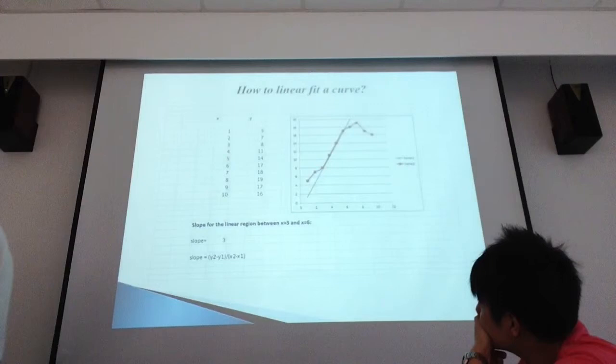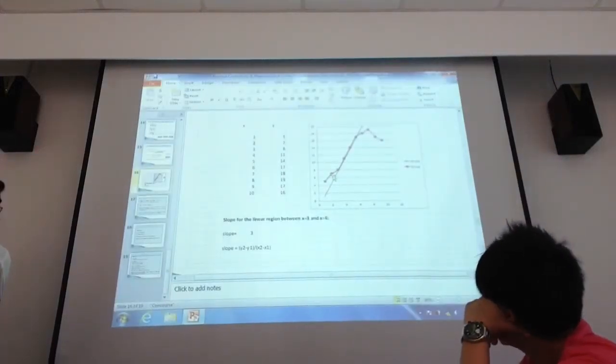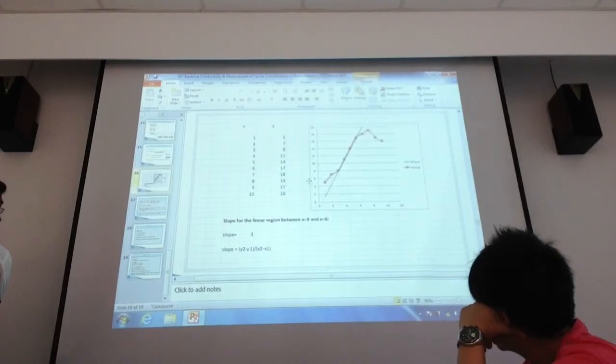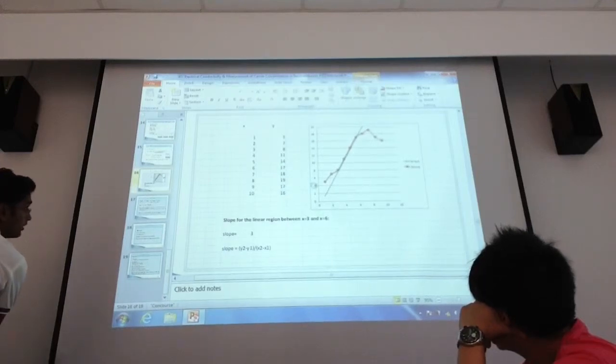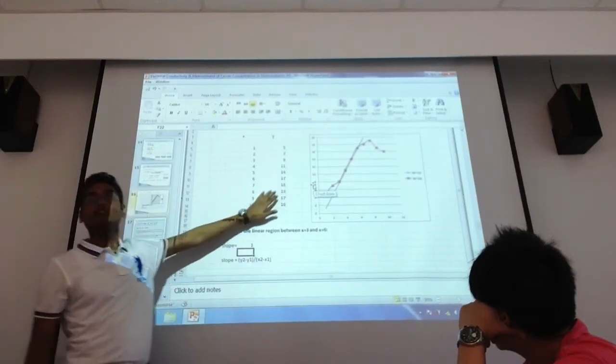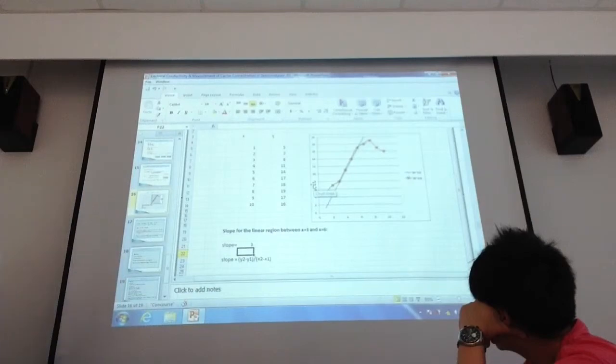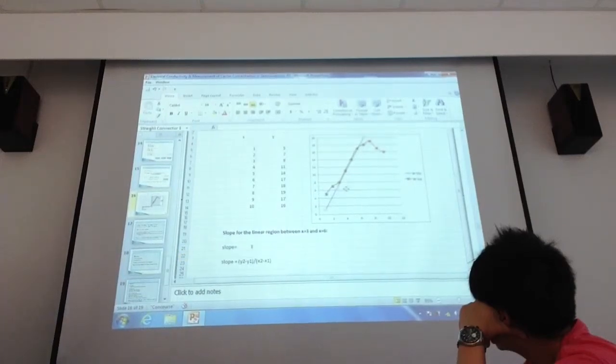So the first step is to identify the linear region. Let us say you have some values like these. First you identify what is the linear region you have to fit. So you take a straight line and then you see, okay, this one is the one.